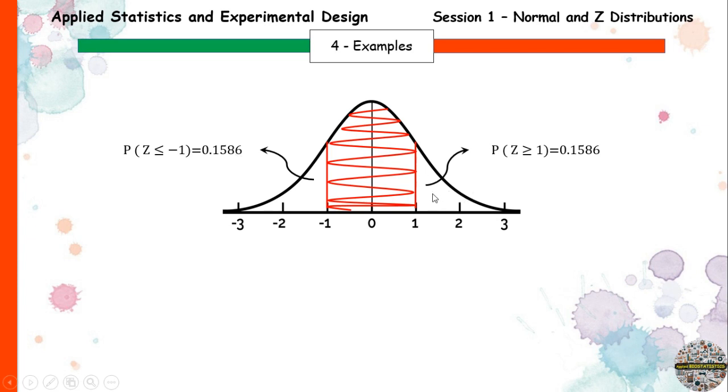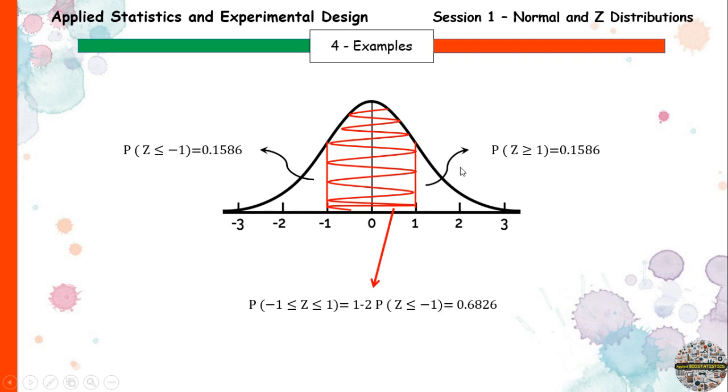Because, as we discussed, the z distribution and normal distribution are symmetrical, the probability of this area is the same as this area, so we can easily calculate the probability of values between minus 1 and 1: it is equal to 1 minus 2 times the probability of values equal or less than minus 1, because this value and this value are the same.